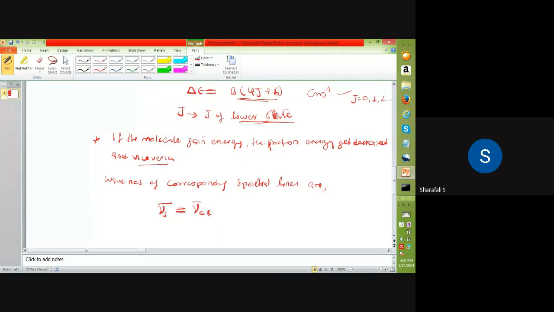Ex means the excitation frequency. That means whatever frequency is coming in and hitting this molecule, we usually term it as the exciting frequency.